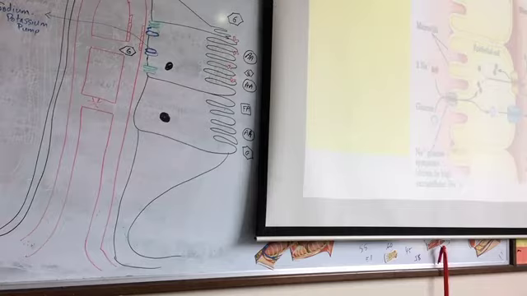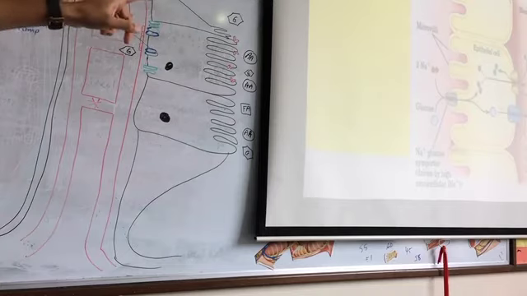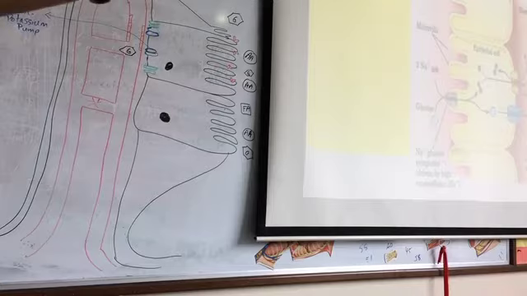Sodium and potassium, yes, that is accurate. Can we be a little bit more specific? 3 and 2, yeah. So there's a difference in which way the ions are going. If you look there, in our case, 3 sodiums are being pumped in one direction, and 2 potassiums are being pumped in the opposite direction.